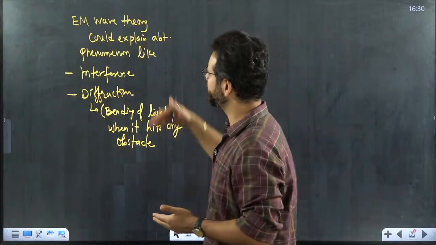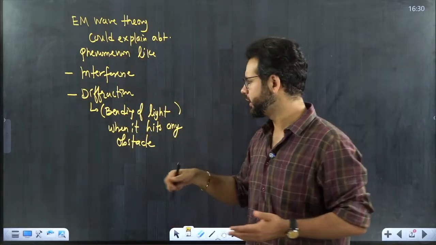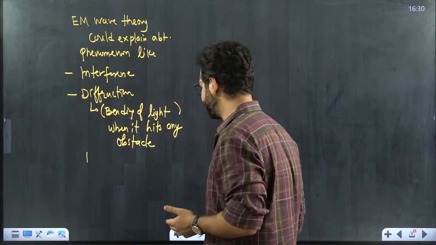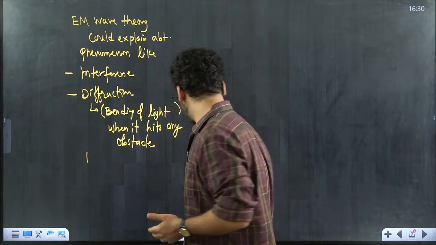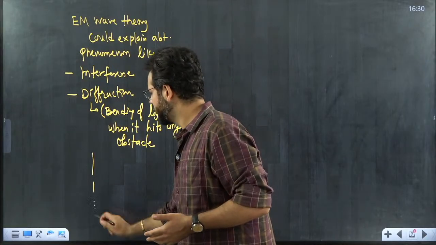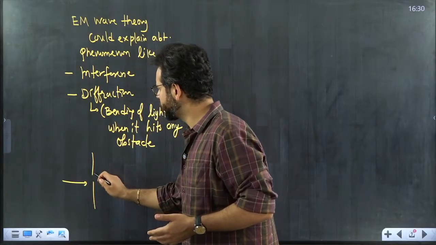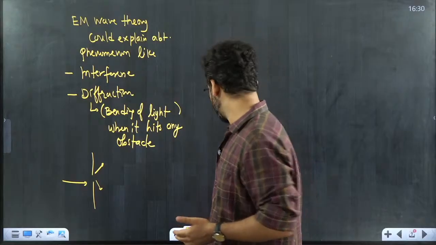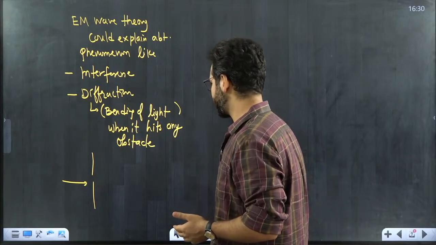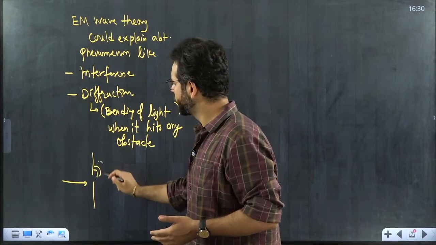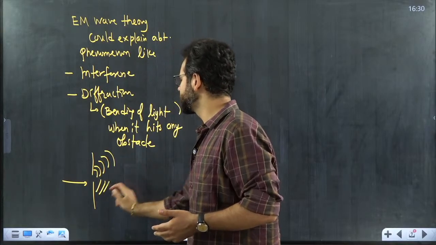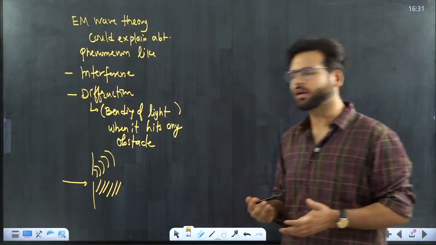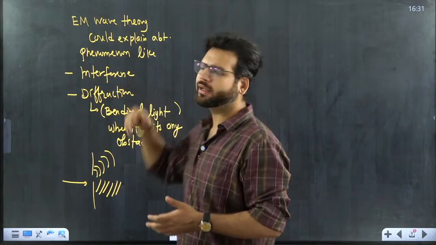This also will be studied along with interference in your physics only, that whenever a light is going through a slit, a single slit if I take, if it is going in this direction, it slowly starts bending and it starts going in the other directions as well. So once the light splits, it starts going into different directions like this. This is called diffraction. Once you go into physics, you will study more about diffraction patterns and the interference pattern.